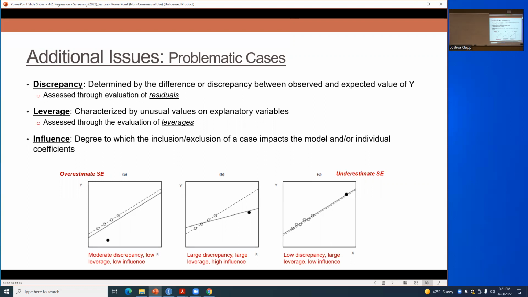Here, what we have is something that, if we look at this line, the actual estimated line, we have a small discrepancy, but we've got something that's a high leverage or a large leverage value because we've got a case that's really far out in X space. Everybody else is hanging out down here. We've got one case down here.